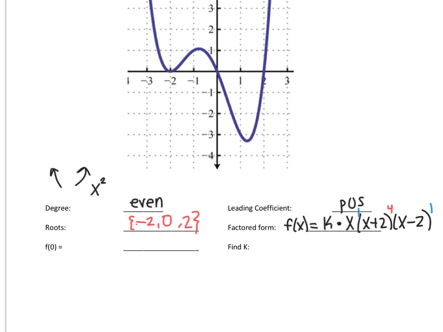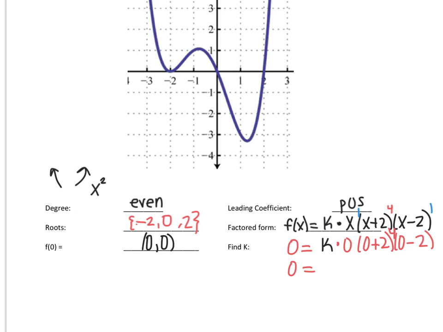Okay, now I have a y-intercept, f of 0. Where does this thing cross the y-axis? Crosses it at 0, 0, so that's my point. Now, if you plugged in 0, 0 into this equation, real quick, just see what happens. 0 equals k times 0, times 0 plus 2, 0 minus 2, or to the 4th.